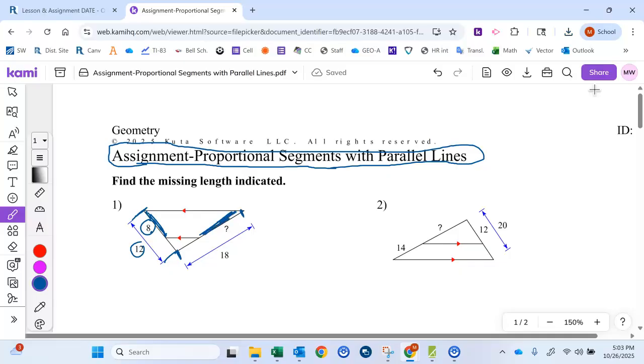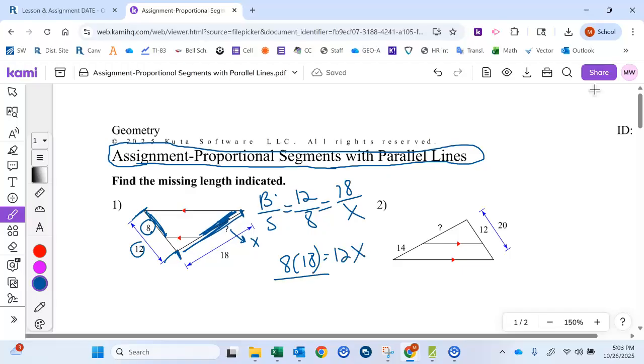So I'm going to go big over small, I think that's a way to keep it straight. I like to do it: 12 over 8 is equal to the big, that's this one, 18 over the question mark. We'll make that x. So, okay, and then we can do cross multiplication. 8 times 18 equals 12x. Divide by 12, divide by 12.